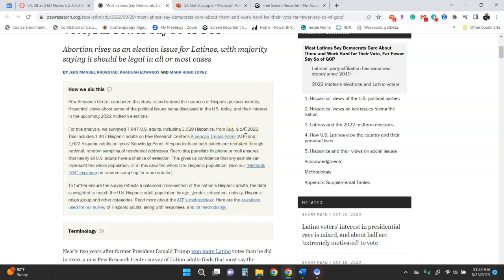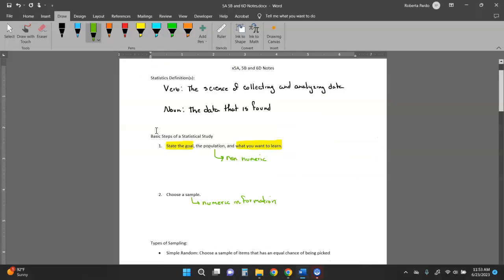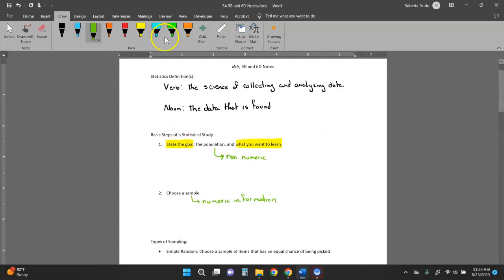It gives you the time frame, and some more information about how they picked these people. So the sample itself is 7,647 U.S. adults. That must mean that the population is all U.S. adults. That's who our population is.